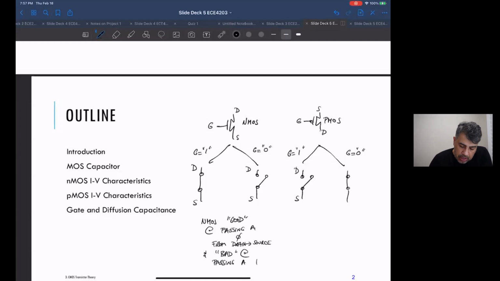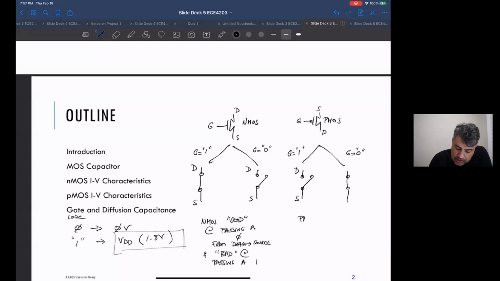Remember that, especially in a CMOS process, a logic 0 is actually 0 volts, and a logic high is your supply voltage. In our project 1, it was 1.8 volts. It could be 1 volt, 1.8 volts, or 3.3 volts, whatever it is. We're going to use 1.8 volts for a lot of this class, and sometimes 1 volt, but anyway, the supply voltage.